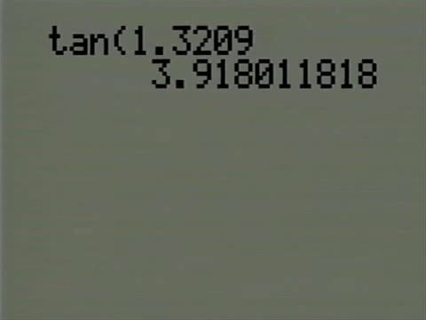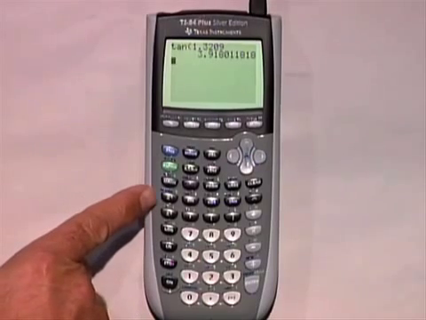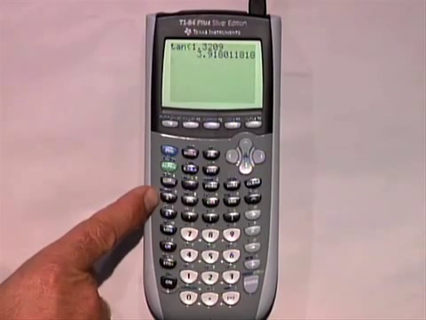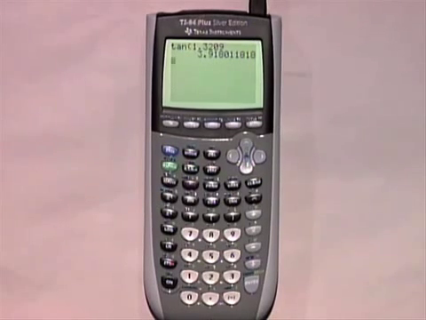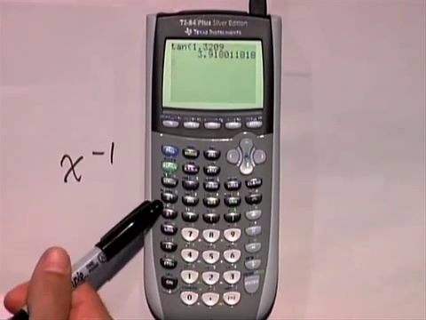But now here's the important thing. We'll come back, and what we want to do is press this key right here, the reciprocal key, which on the calculator looks like x to the negative 1. Let me slide that in. X to the negative 1, this key.